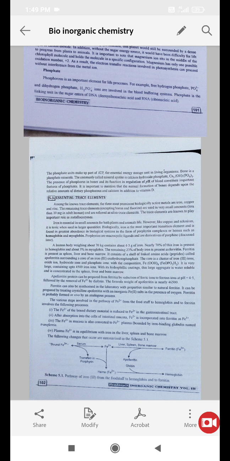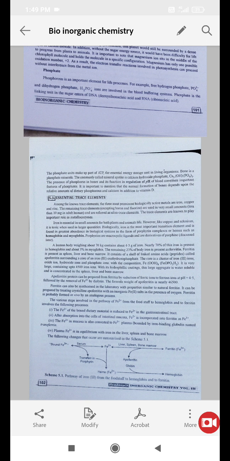Various steps involved in the pathway of Fe2+ ion from the foodstuff to hemoglobin and to ferritin involve the following processes. Fe3+ of the bound dietary material is reduced to Fe2+ in the gastrointestinal tract. After absorption into the cell of the intestinal mucosa, Fe2+ is incorporated into ferritin as Fe3+ ion.